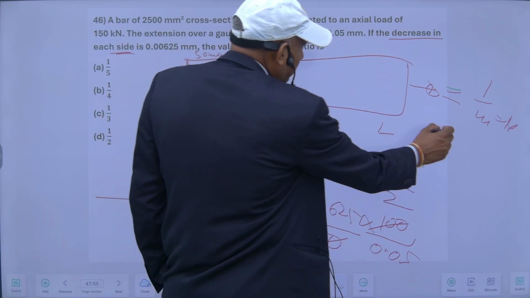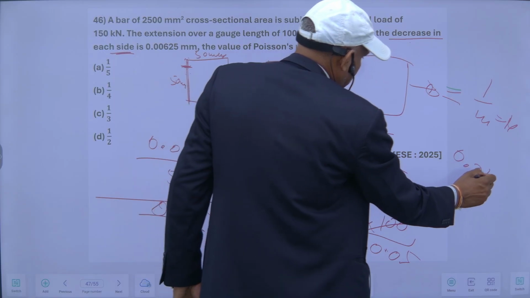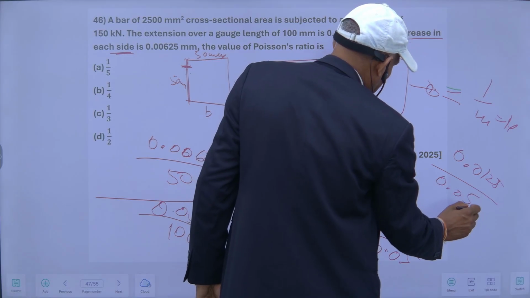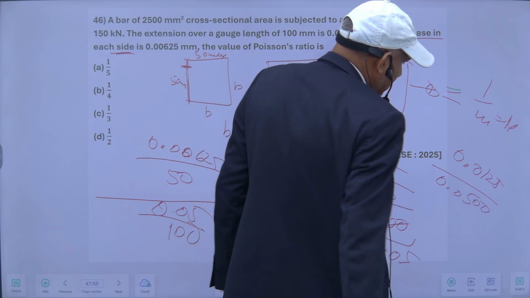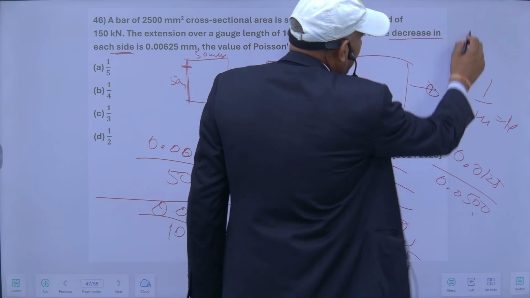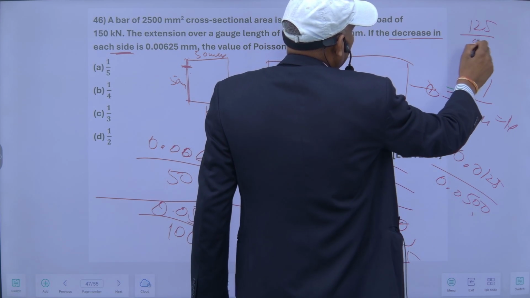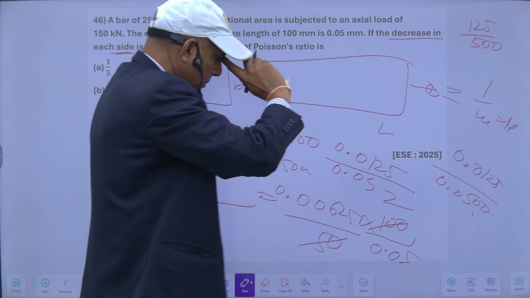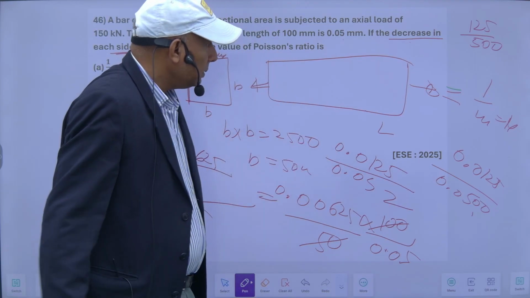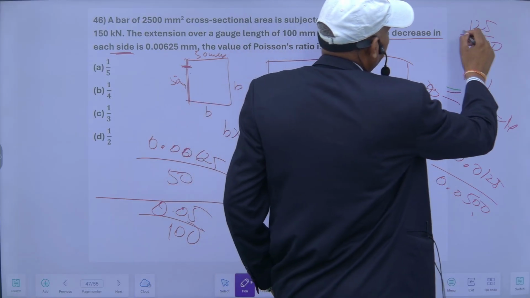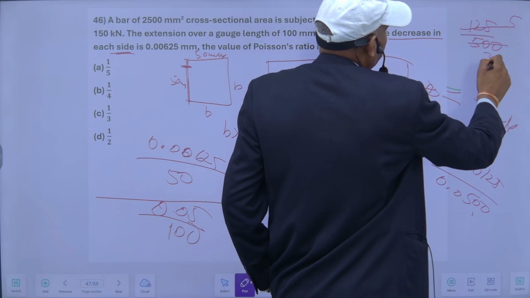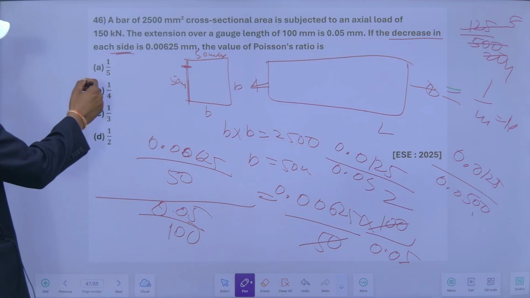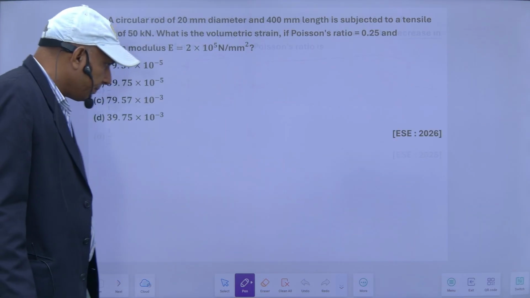It means 0.0125 divided by 0.05. So you can say 125 upon 500. So what is this? This will be 1 by 4, which means this is the correct answer.